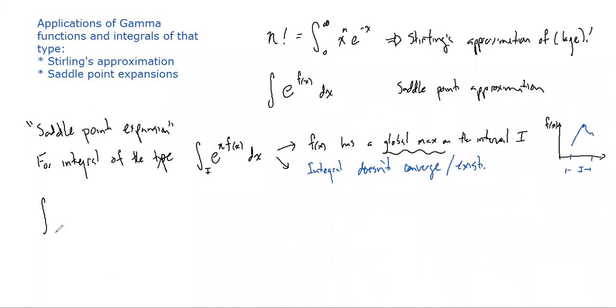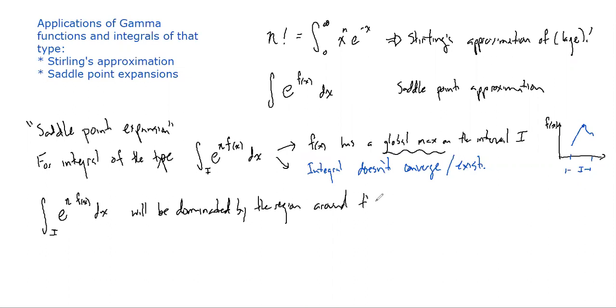So essentially the exponential is like pouring kerosene on a fire for the behavior of f of x. So it's going to be completely dominated by the region around the global max. So that's going to be bigger than everywhere around it. And then I'm taking the exponential on top of that.